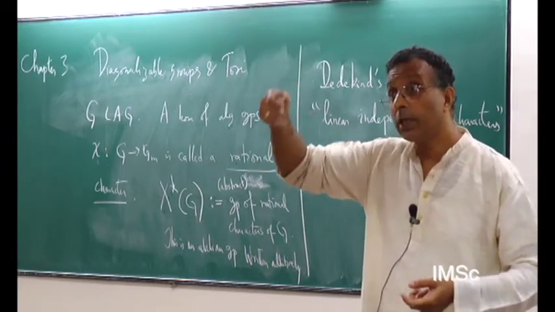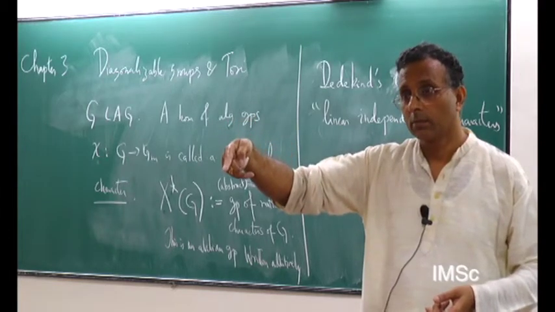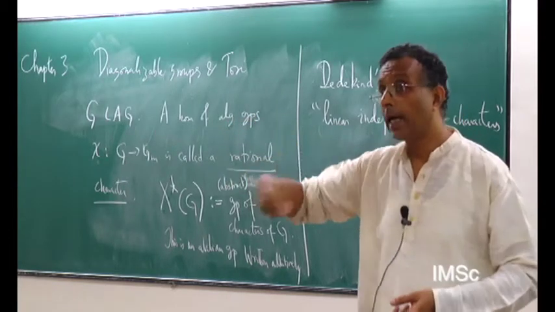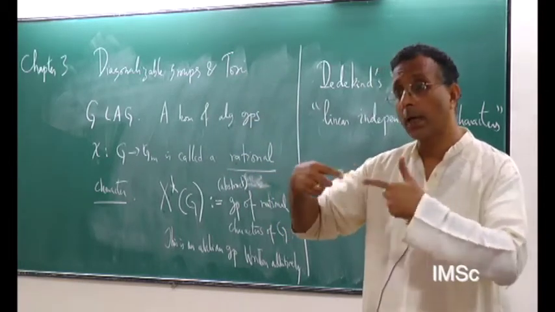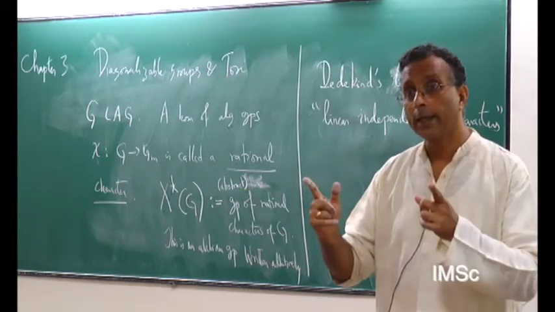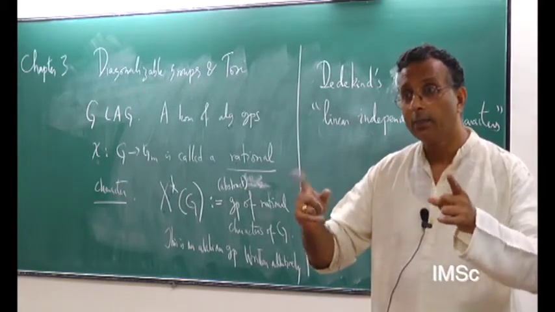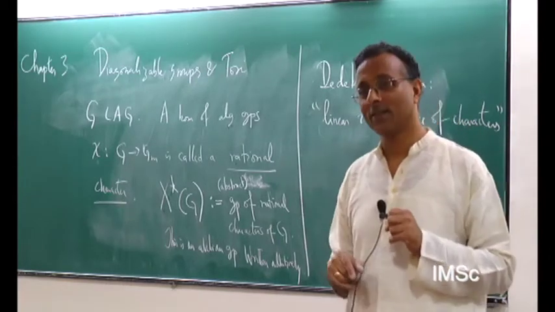So functions from G to K form a K vector space, because I can add and scalar multiply pointwise. The point is that they are linearly independent as elements of this vector space.